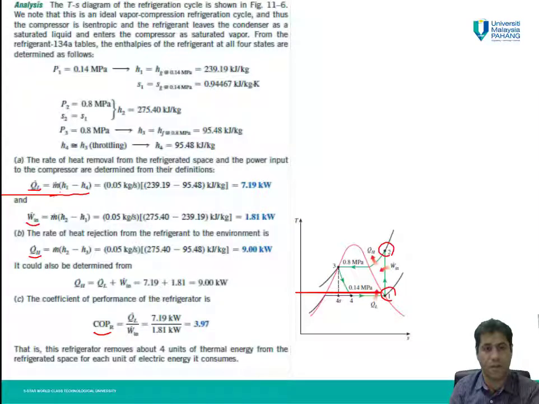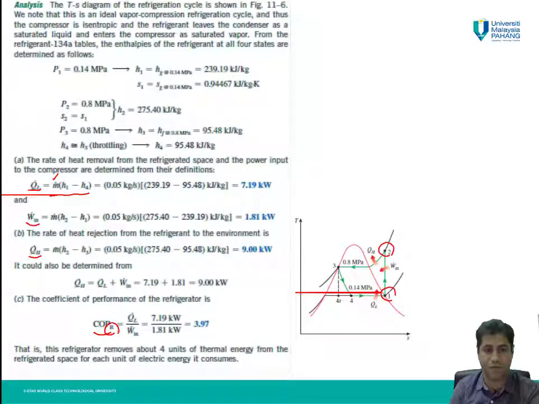M dot is given as 0.05 kilogram per second. So to find Q dot L, W dot in, Q dot H, and also in part C to find COP, or coefficient of performance for refrigerant.